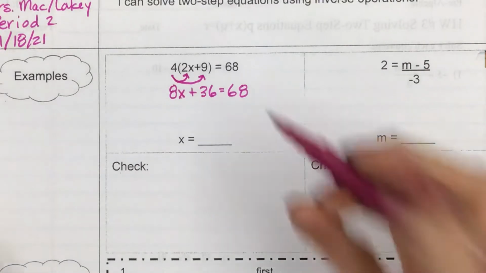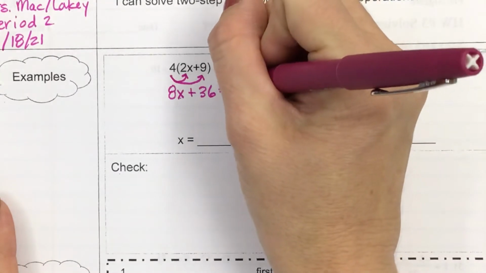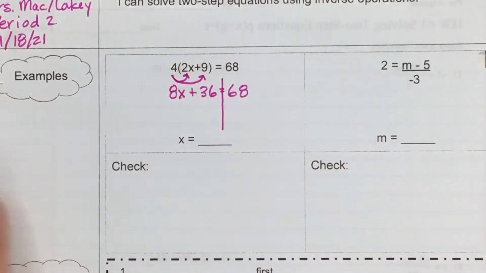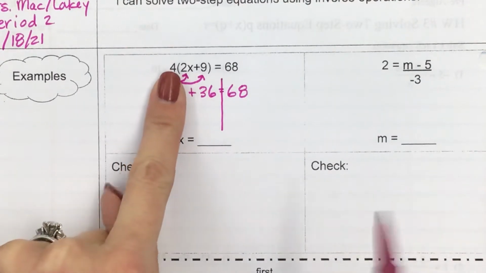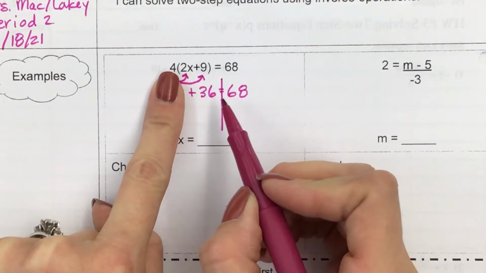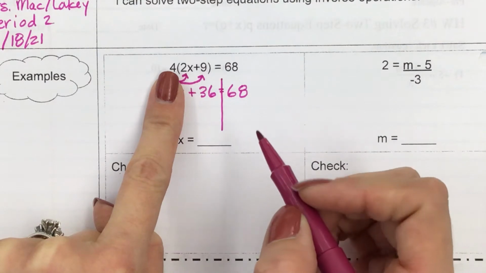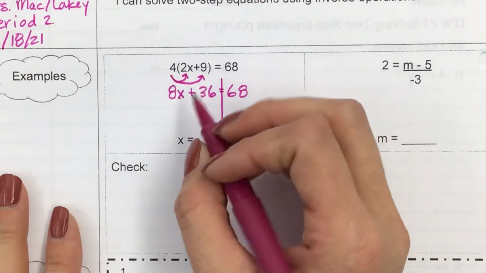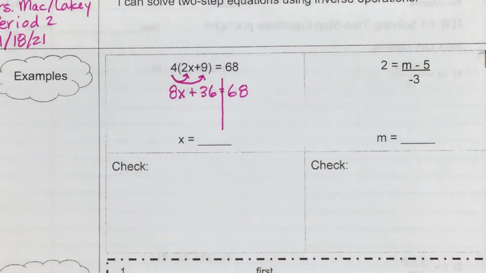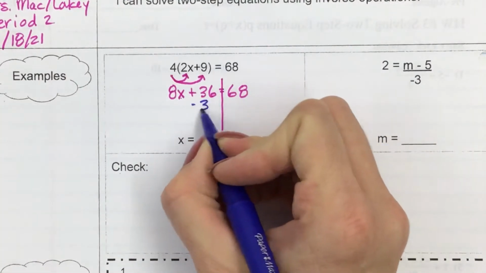Now I'm going to do my balance line. And this part is with my variable. I'm going to ignore that for a minute. I'm adding 36. The opposite of adding 36 is subtracting 36. So I'm going to subtract 36 from both sides. Let me do this in a different color. So I'm going to subtract 36 from this side.